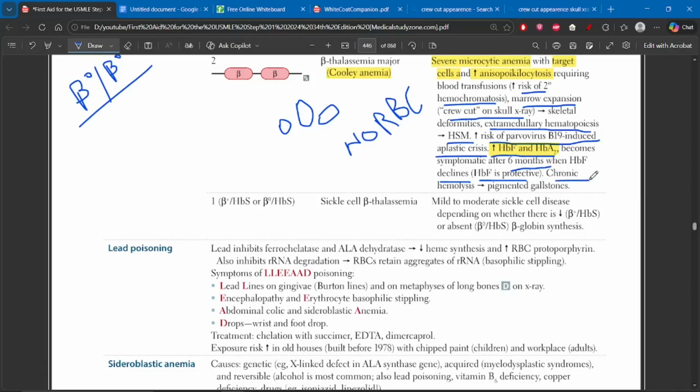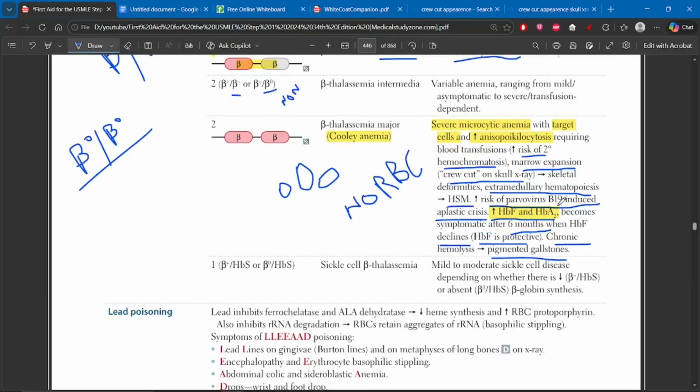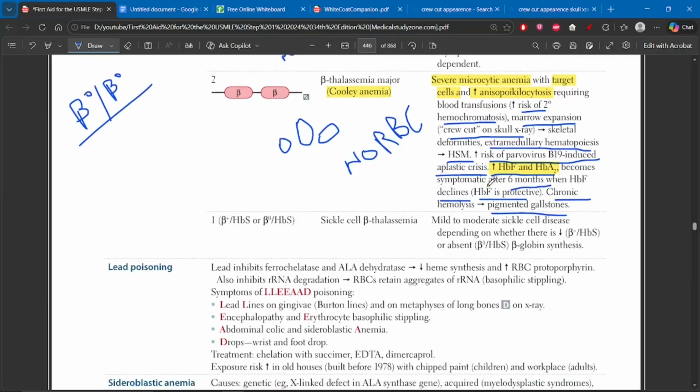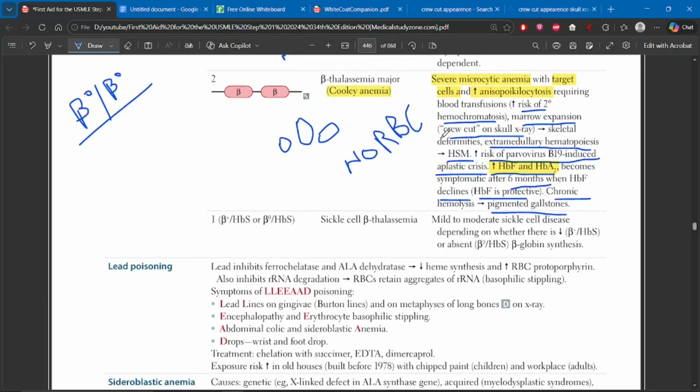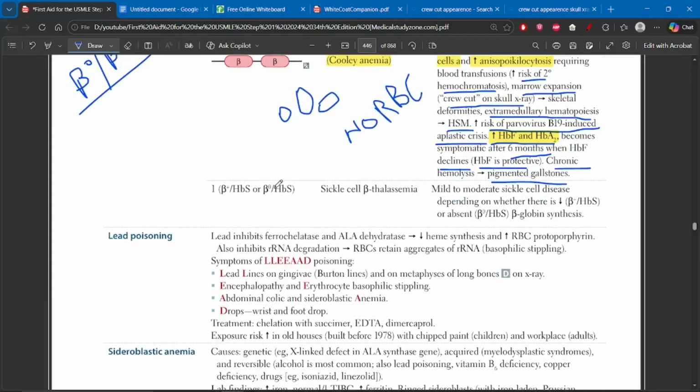Chronic hemolysis in beta thalassemia can lead to pigment stones as well, which is again an important point. So that's what beta thalassemia major can do to your body. These are important points for you to remember. And there can also be a combination where the sickle cell gene could be combined with beta thalassemia. It could be sickle cell beta thalassemia.